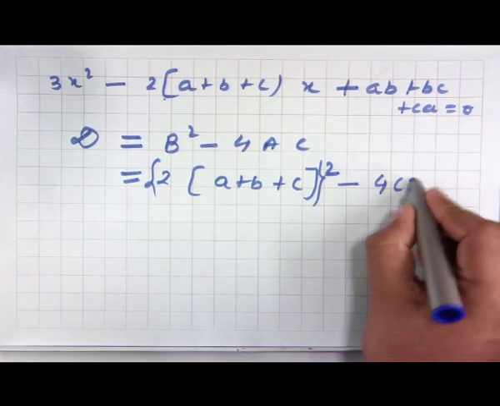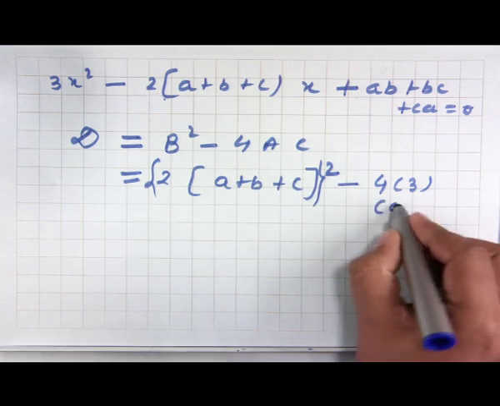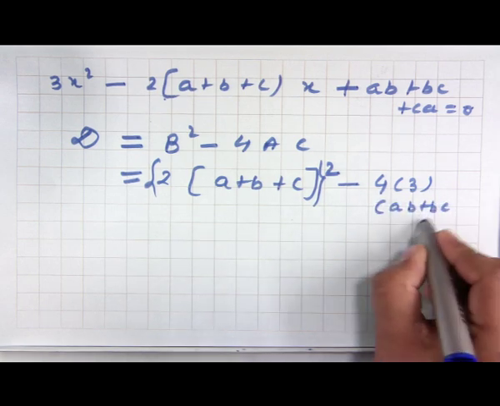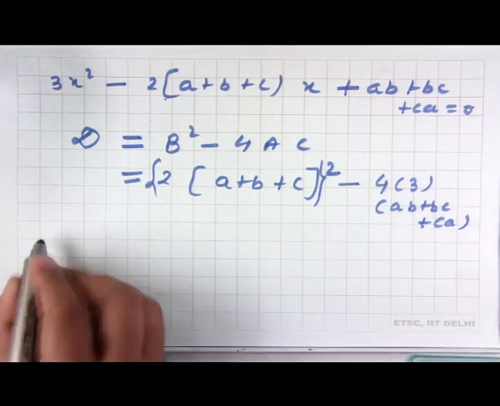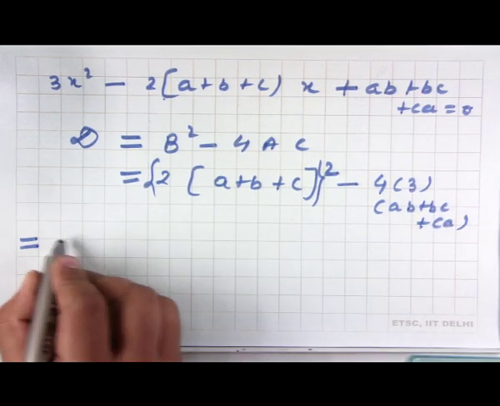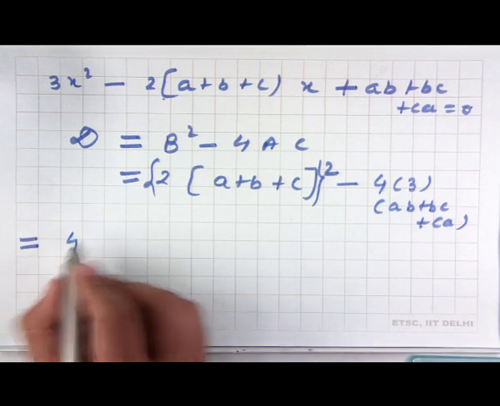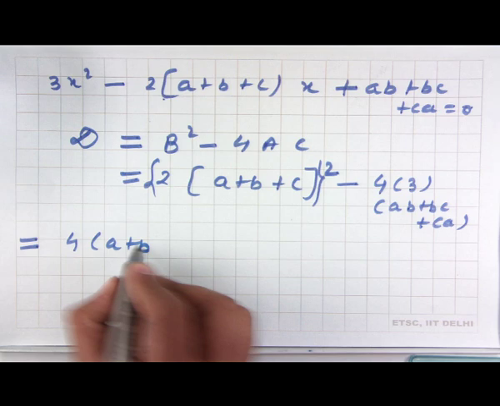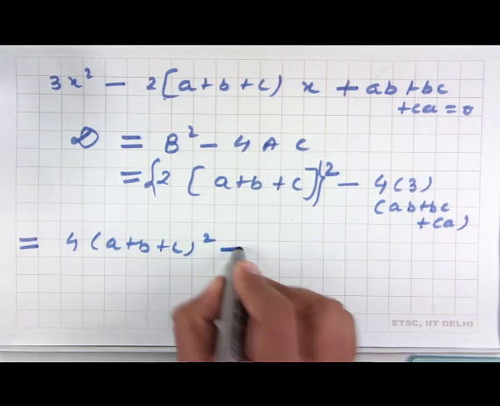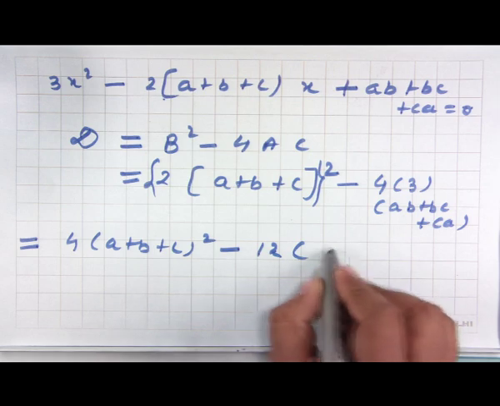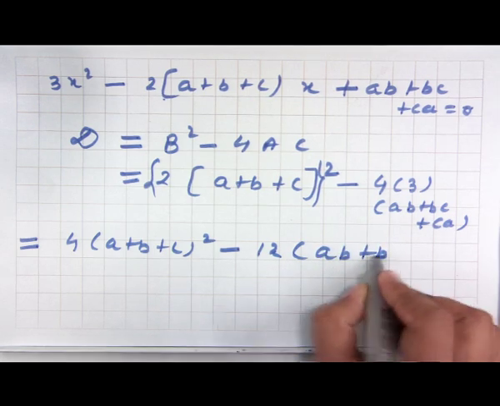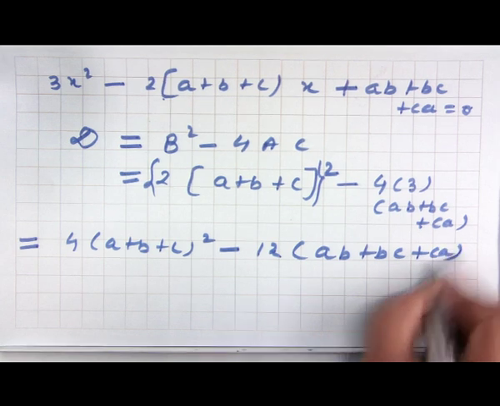The value of a is 3 and c is ab plus bc plus ca. Now it is 4 (a plus b plus c) to the whole square minus 12 (ab plus bc plus ca).